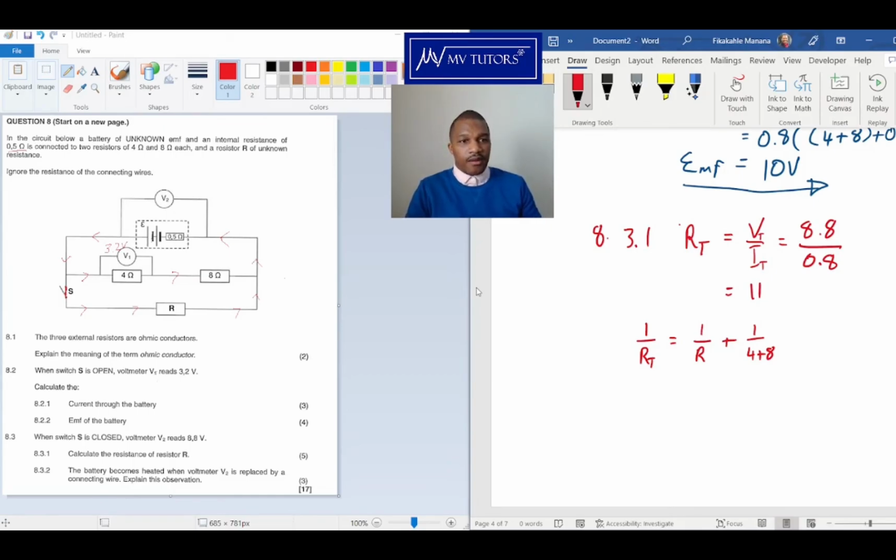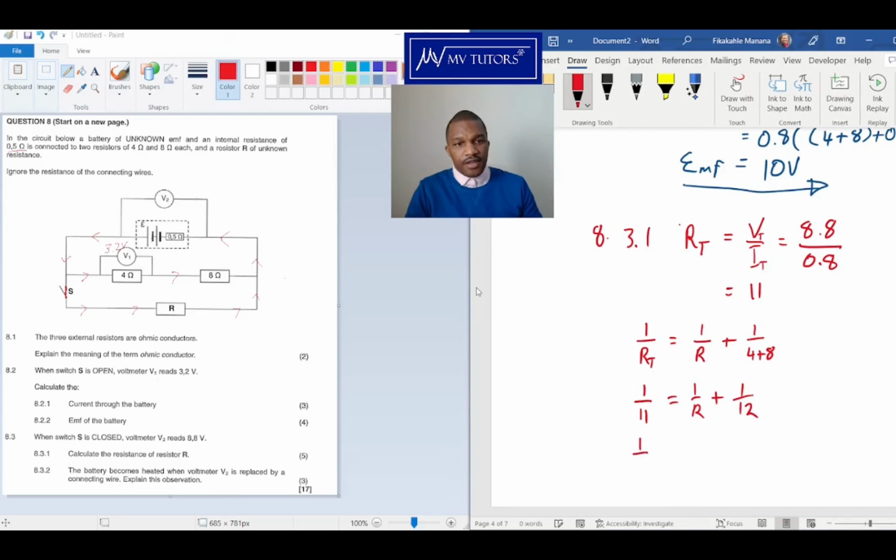Anyway, I'm going to put this in a calculator. So 1 over R total, which is 11, is equal to 1 over R plus 1 over 12.